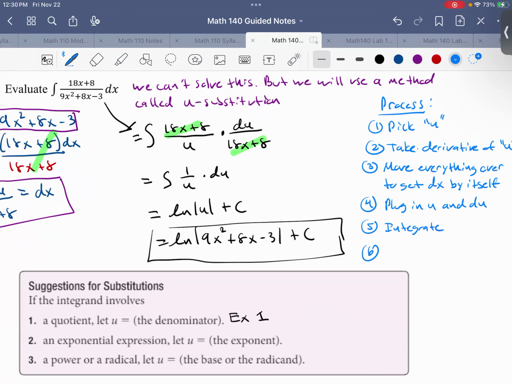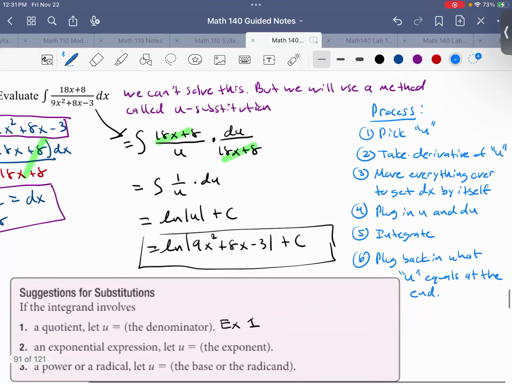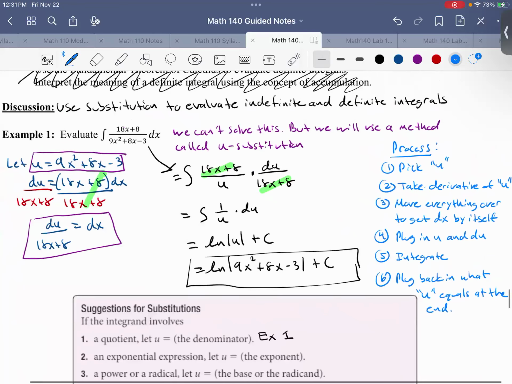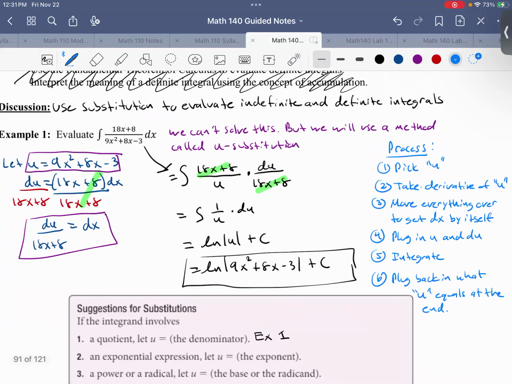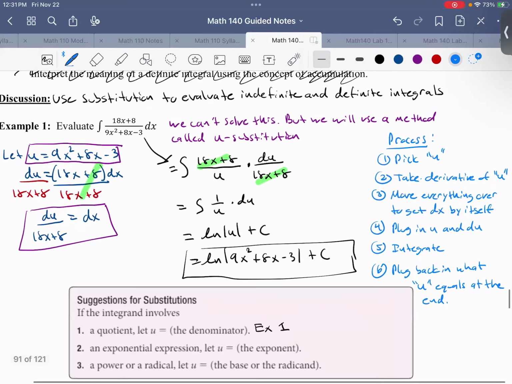And step 6 is to plug back in what u equals at the end. So this is really the process with substitution. Of course, there's different variations of what you choose to be u and how you move expressions over, etc. But this is basically the same process.